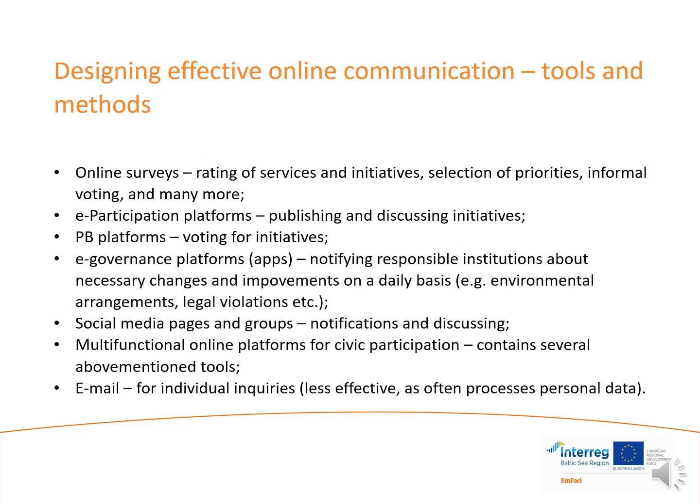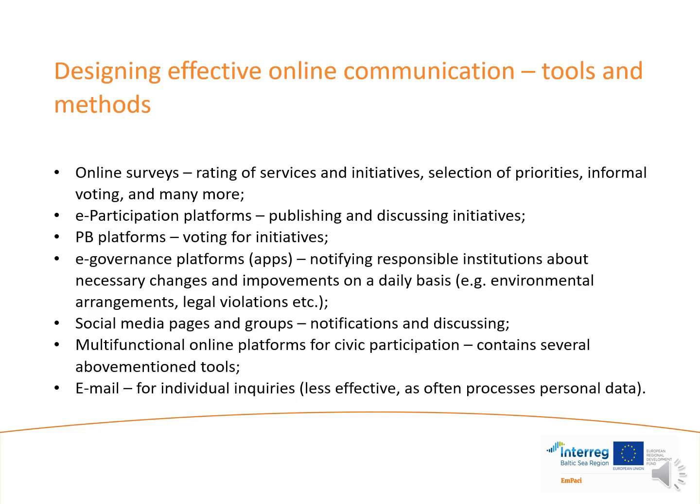Here we can see several tools and methods used for enhancing online communication within e-participation. These are, for instance, online surveys used for rating of services and initiatives, selection of priorities, some kind of informal voting, and other functions. These can be e-participation platforms or participatory budgeting platforms, meaning that these are specifically made for publishing and discussing initiatives, plus voting for them in case of participatory budgeting platforms.